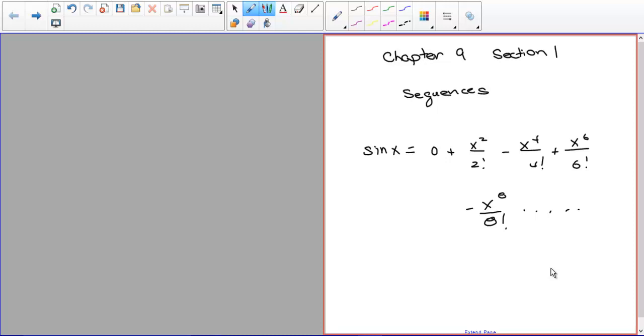Now, practically speaking, if you have a calculator, how does the calculator compute the sine of x in radians? Well, it probably does this. I don't design the computer, but I'm assuming it does something like that, and it does it out to a certain finite number of terms.